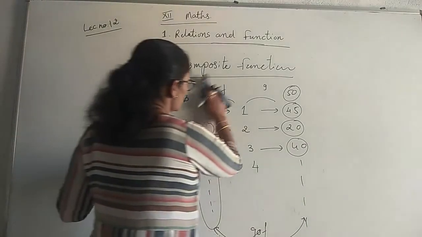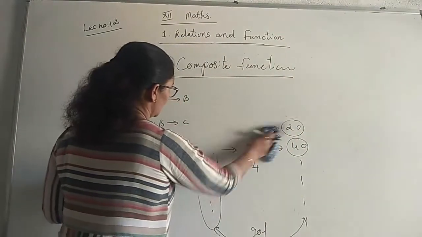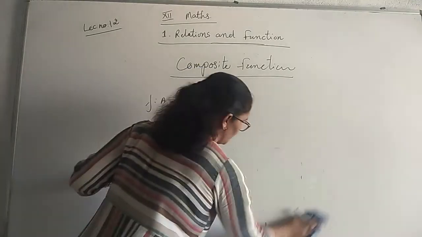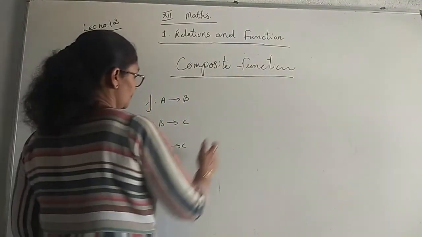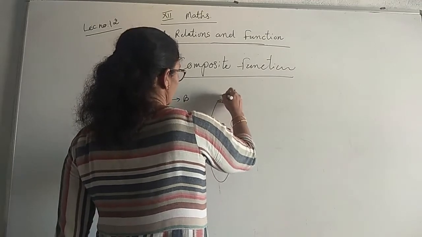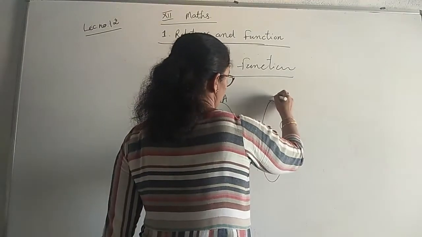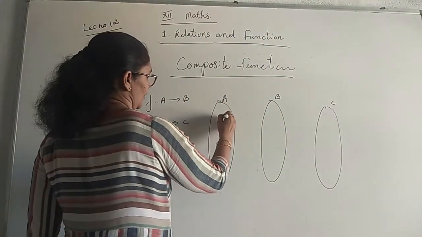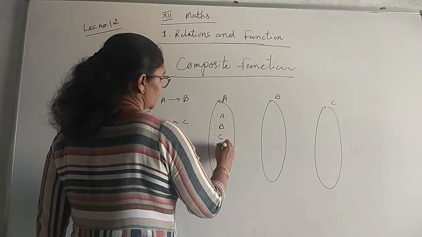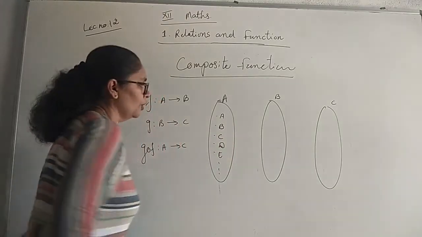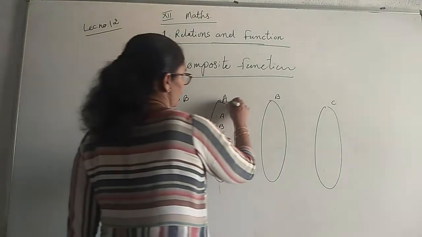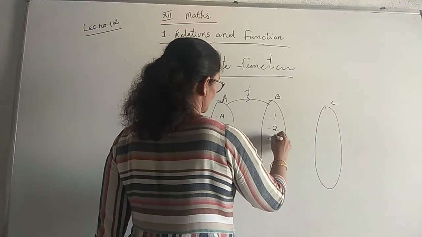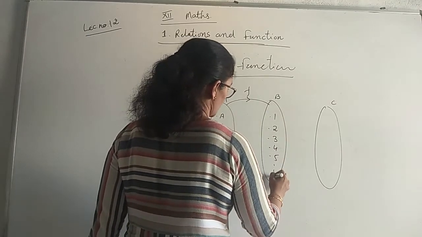Let's understand it by a Venn diagram. How can we show the composite function? Suppose you are given one set A, another set B, and a third set C. We consider the same example. Here we have written your names. This is your function f from A to B, and with that I have mentioned your roll numbers.